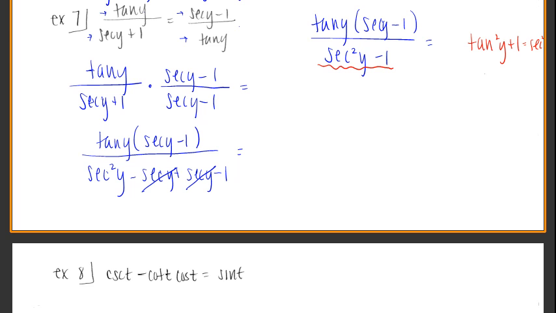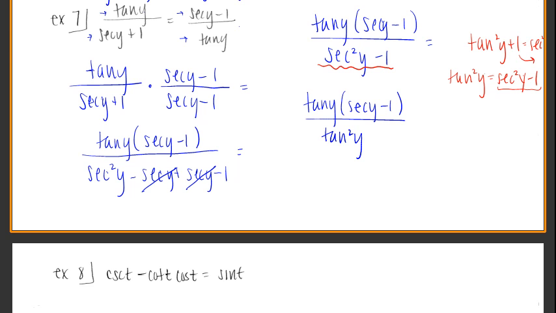Well, if I move the 1 over, it's basically saying tangent squared y is secant squared y minus 1. There you go. I can replace all of secant squared y minus 1 with tangent squared y. That's what I'm going to do. So the top still stays as tangent of y times secant of y minus 1. And the bottom, I can replace both of those terms with just tangent squared y.